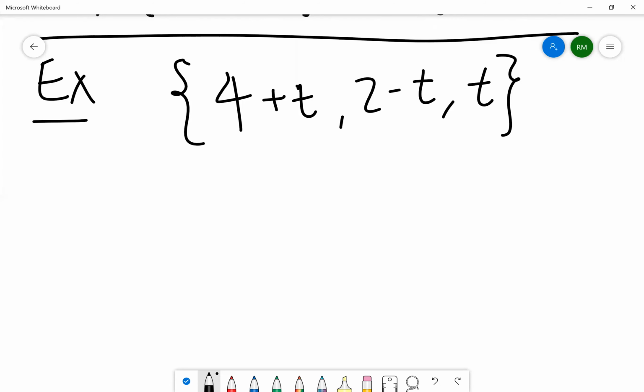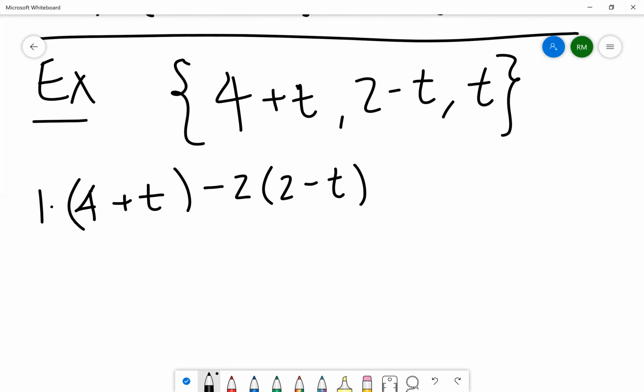All right, let's talk about the solution. One thing you'll notice is that if I do 1 times (4 plus t) minus 2 times (2 minus t) minus 3 times t, it equals 0. And so we have found a linear dependency.